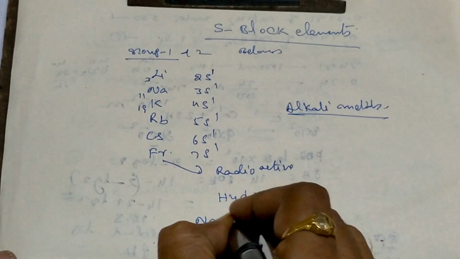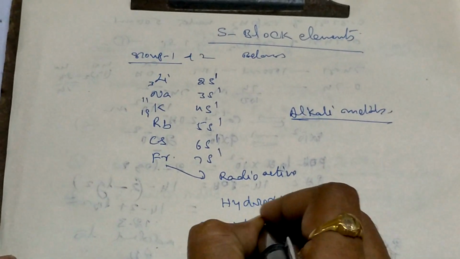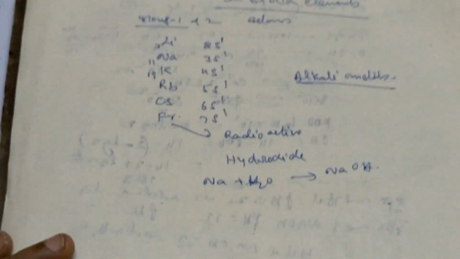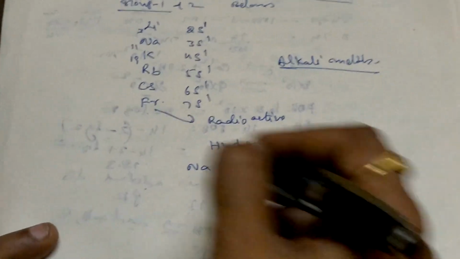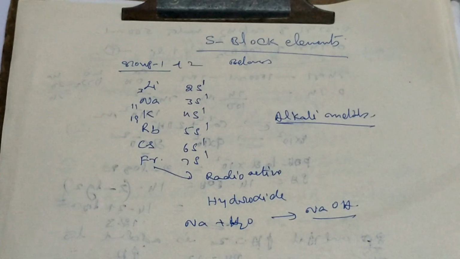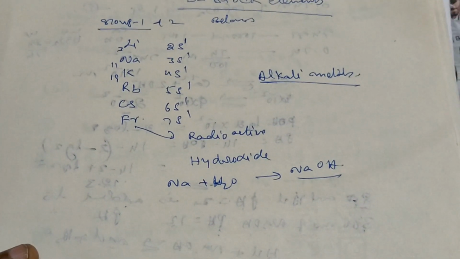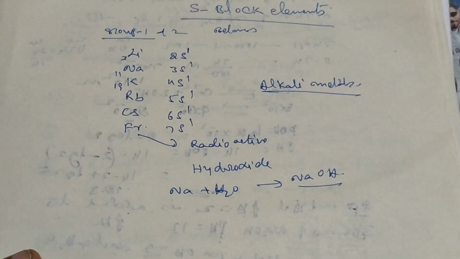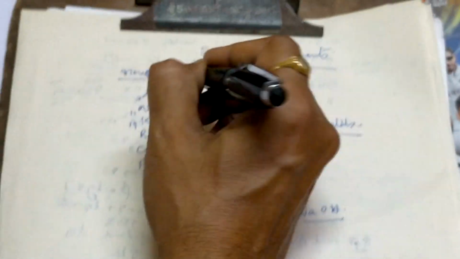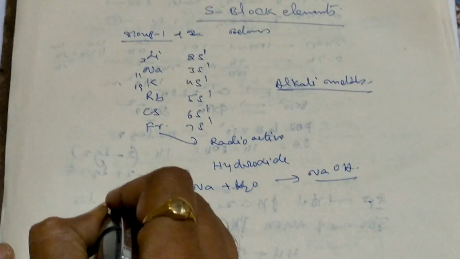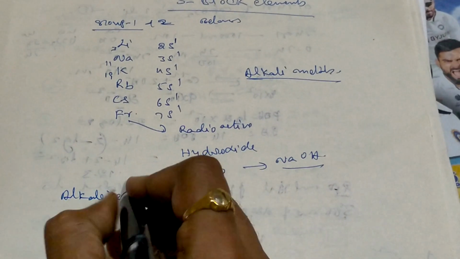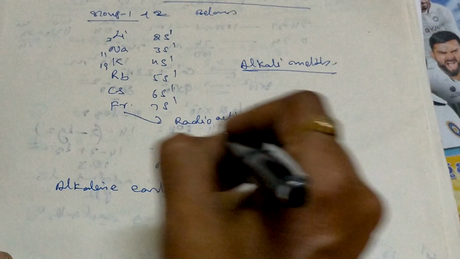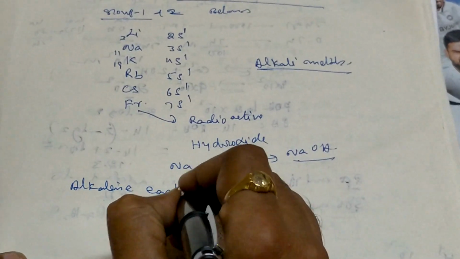Simple example: sodium plus water gives sodium hydroxide. Not only sodium, all of them give potassium hydroxide, rubidium hydroxide, lithium hydroxide and so on. So they are collectively called alkali metals. And the Group 2 elements are called alkaline earth metals. This is alkali metals, this is alkaline earth metals.